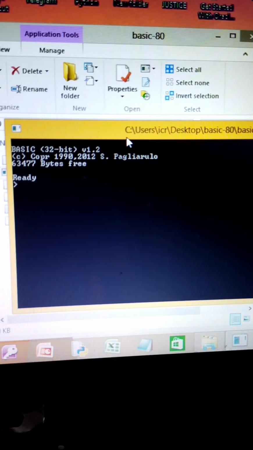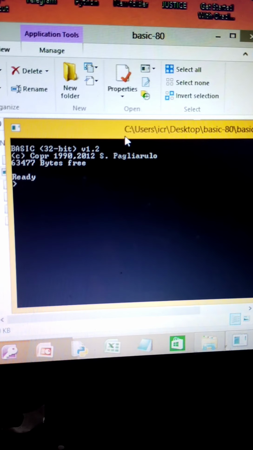We are going to open BASIC here, and this is my BASIC. So first we are going to do New, Auto. Then here we are going to input a number n.